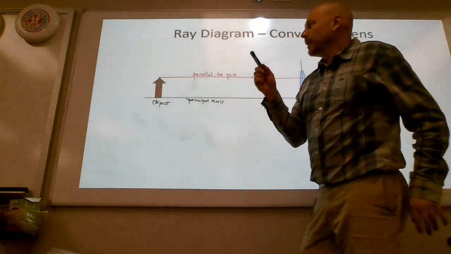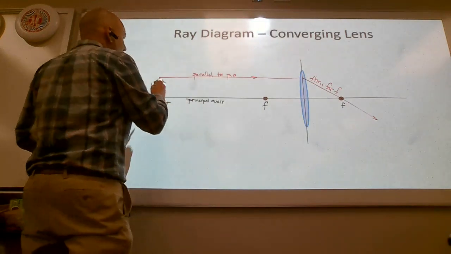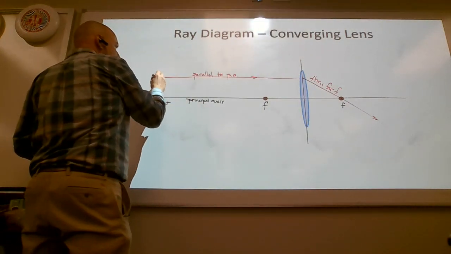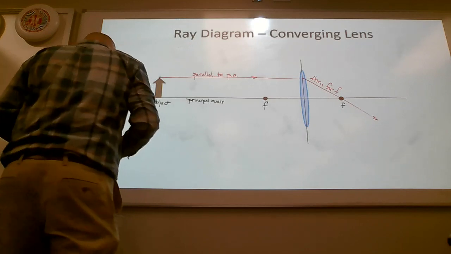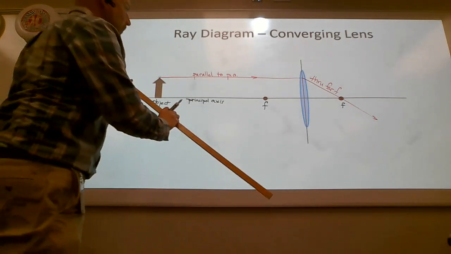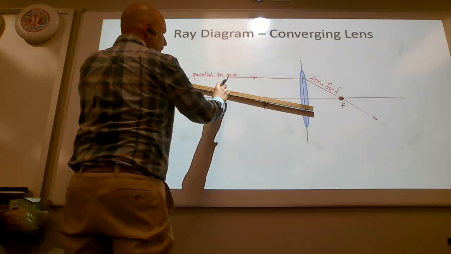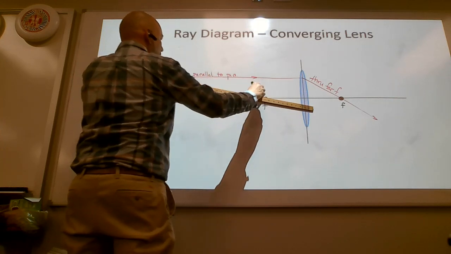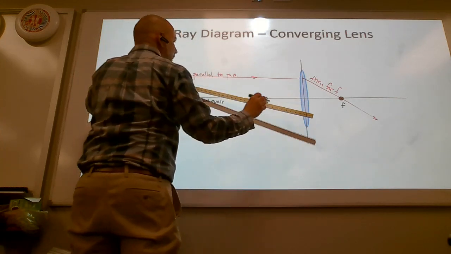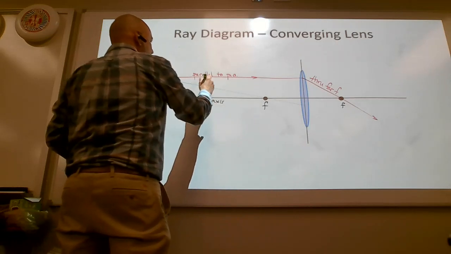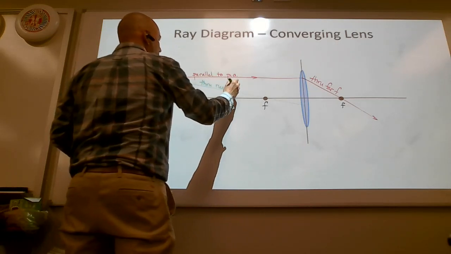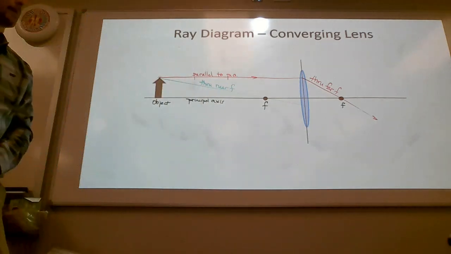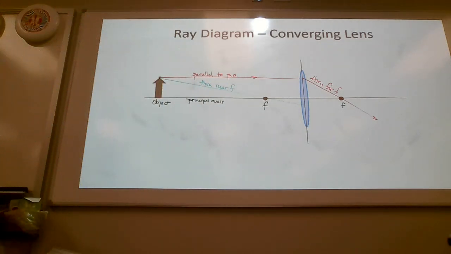So here's what we're going to do. We're going to always start at the top of the object, and we're going to go through the near focal point. Because it goes through the near focal point, how will it refract?